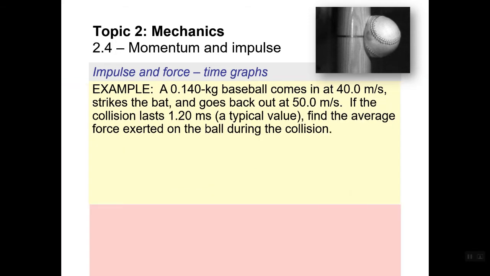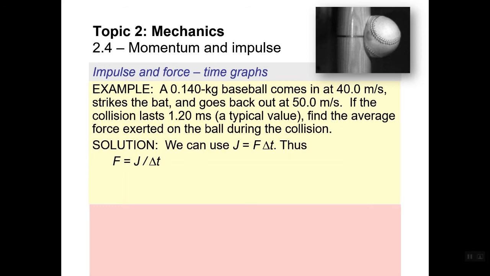A 0.14 kilogram baseball comes in at 40 meters per second, strikes a bat, and goes back out at 50 meters per second. If the collision lasts 1.20 milliseconds, a typical value, find the average force exerted on the ball during the collision. Net force equals the rate of change of momentum, so force equals impulse over time taken, and impulse is change in momentum.